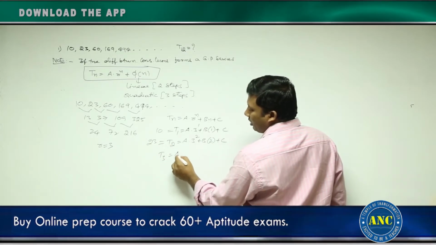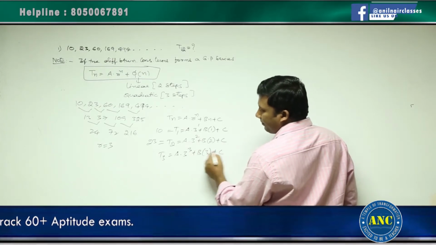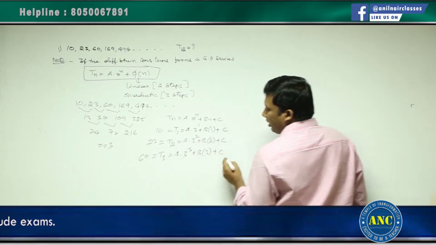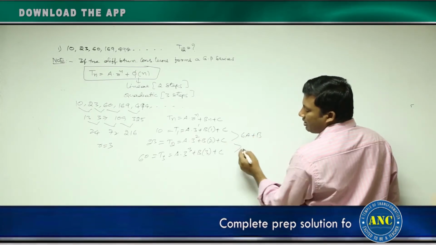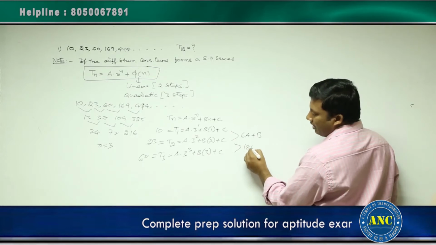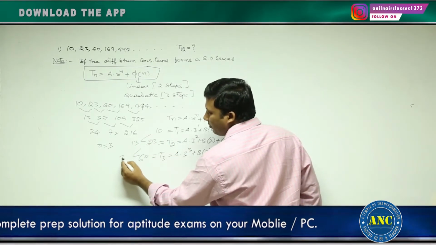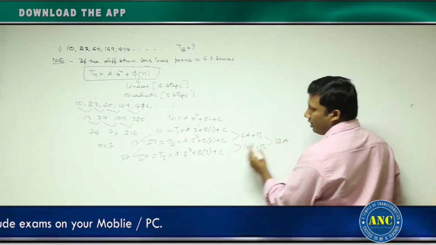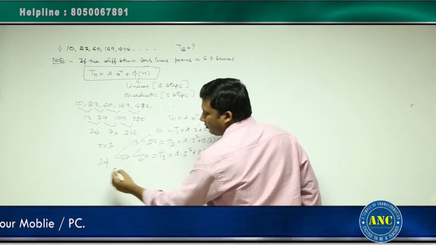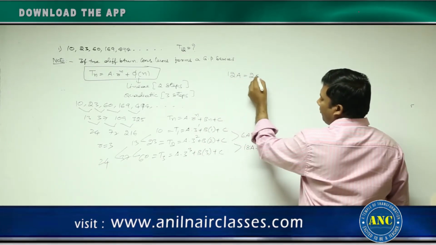T3 will become a into 3 cube plus b into 3 plus c. This will become 60. If I subtract, I get 6a plus b, which is 13, and 18a plus b, which is 37. Subtracting again, this is 12a and this will become 24. So 12a is equivalent to 24.